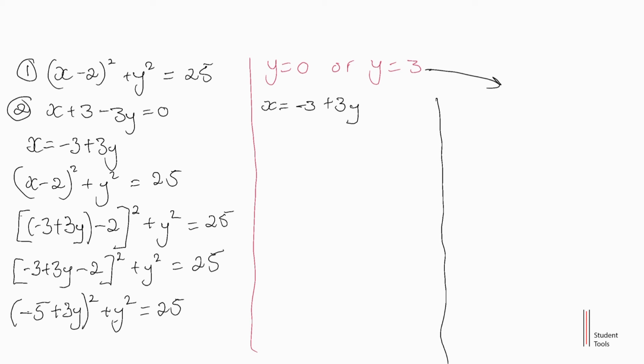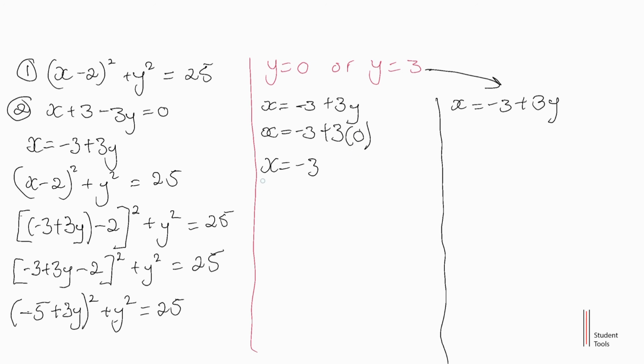Again, we have the same equation, x = −3 + 3y. The only thing we will substitute here are these values. For y, we substitute with a 0.